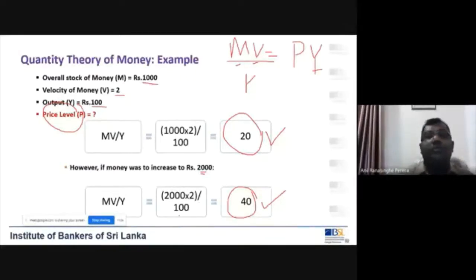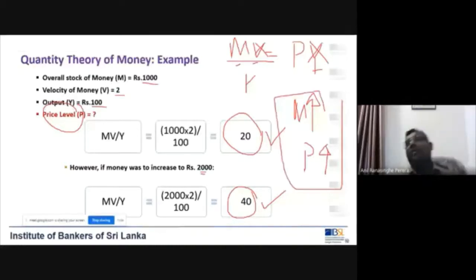Which means assuming that Y and V are constant, any increase in money would lead to an increase in prices. So this is basically the money inflation relationship.